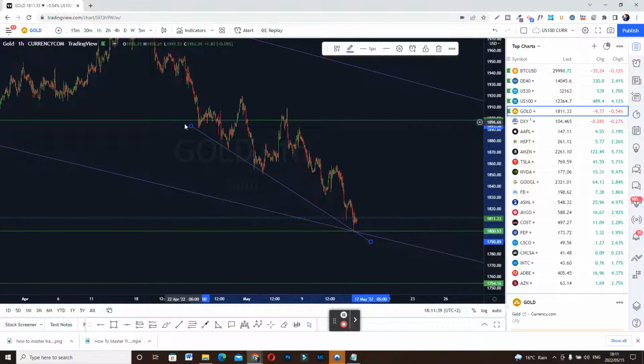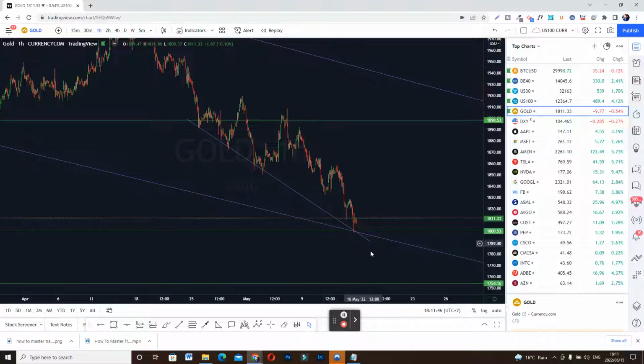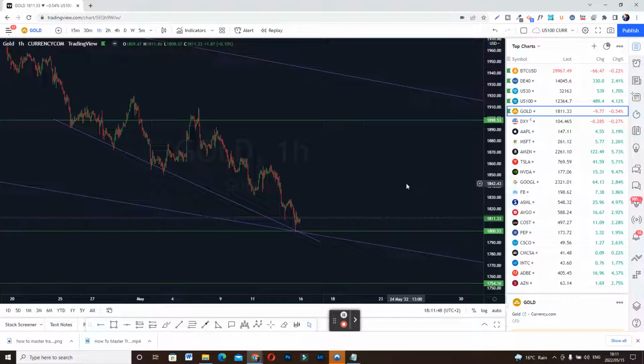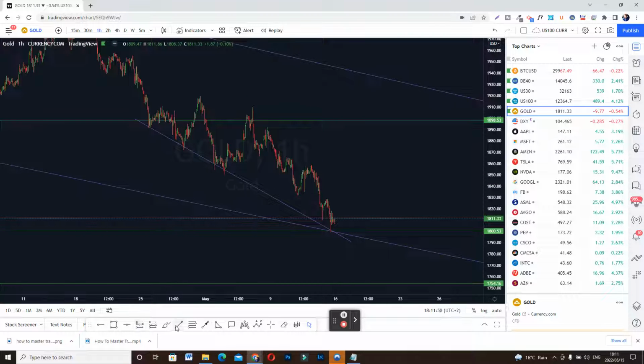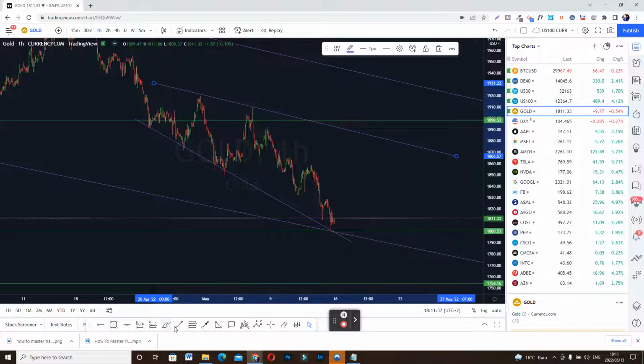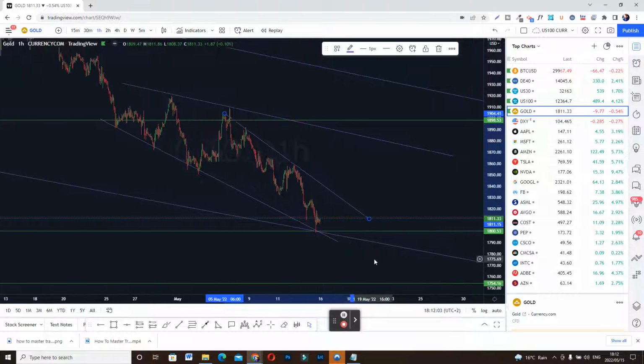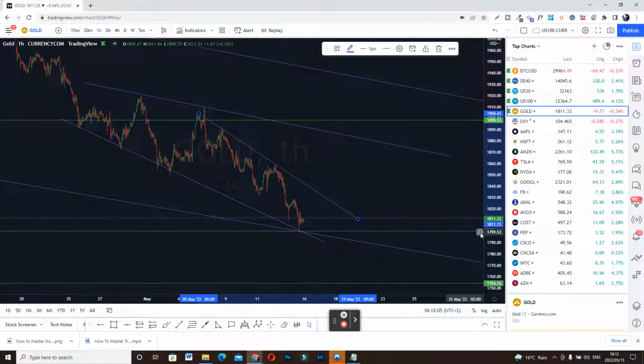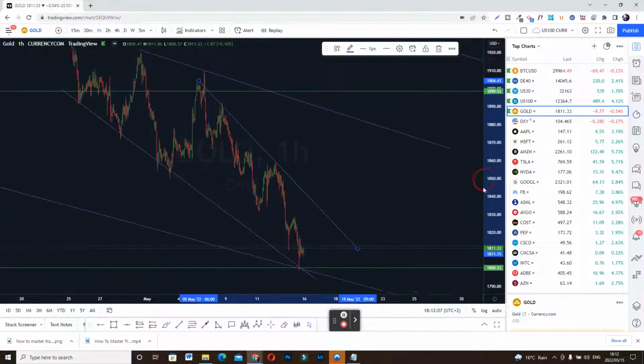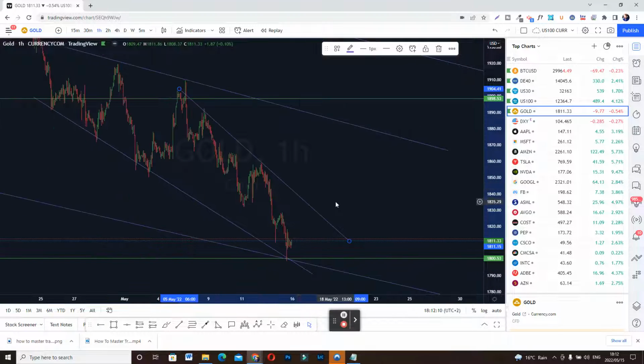We see that we have a trend right there. We have 1, 2, 3, 4 touches, and then the first trend, and another one that presents itself right here. So at this point, gold is still within this channel here.